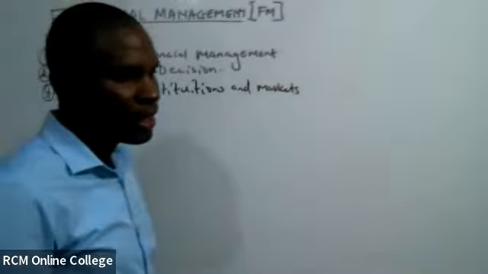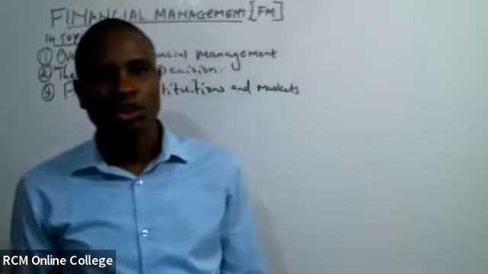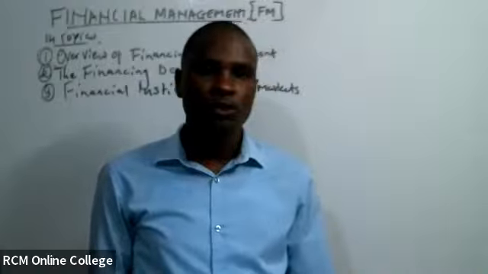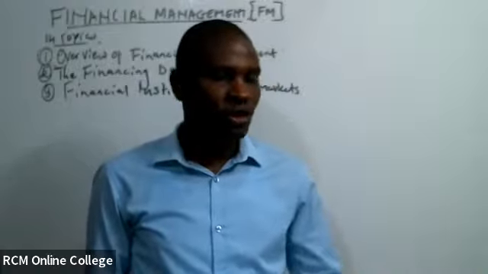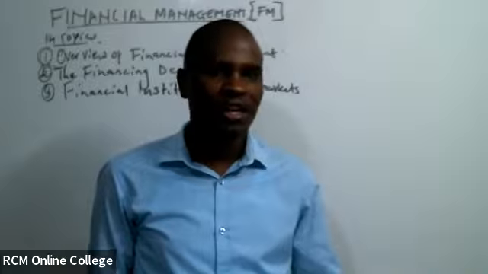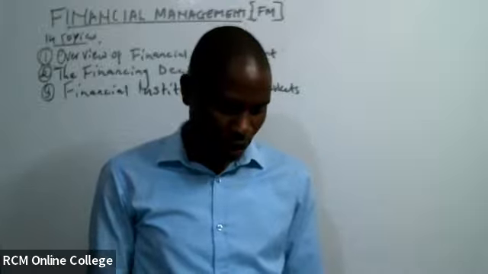Financial institutions and markets. That will be our topic number 3. This is where we find things to do with the regulatory authority, the Capital Markets Authority, the Central Bank of Kenya, and their functions. We shall be able to see all of them.